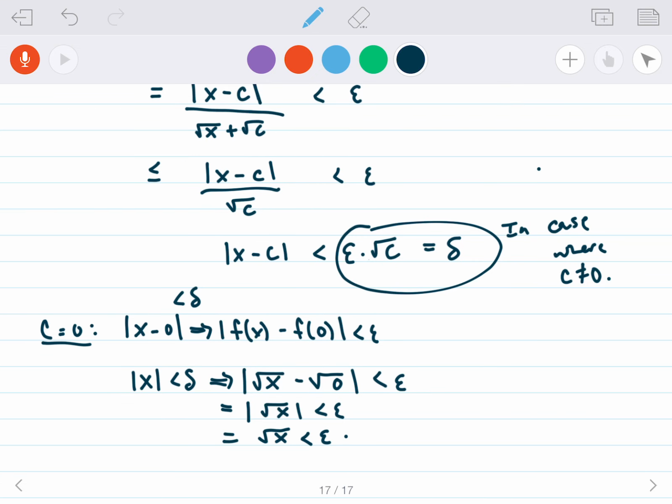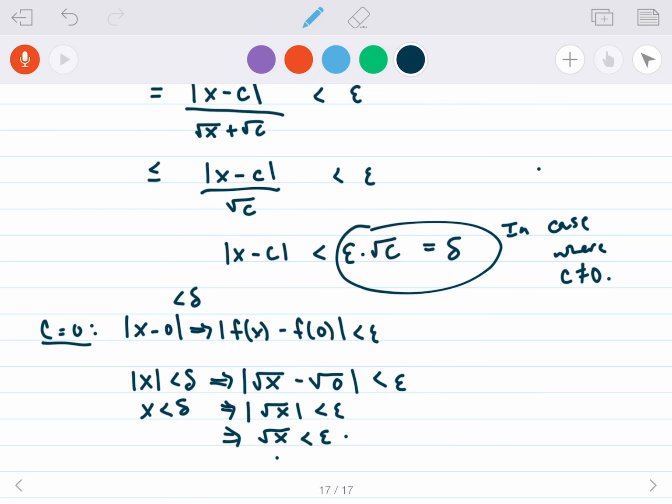Okay, so let's see. If I isolate x here, because I can drop the absolute value bars since x is positive, this is going to give me x is less than delta. We want this to imply that f of x minus 0 is less than epsilon.